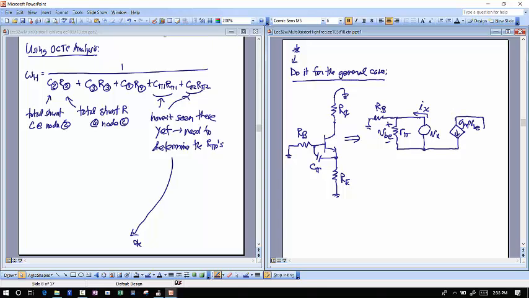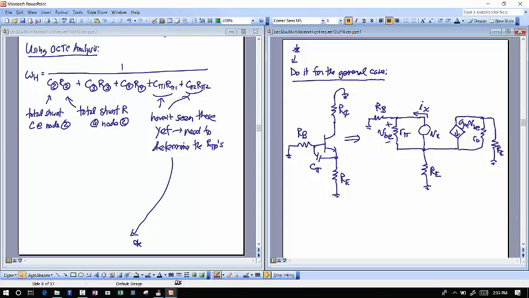I'm going to have an r naught, and then I'm going to have an RC going to ground. And finally here, I have my RE going to ground. Okay? So that's the circuit that I now have to analyze in order to determine what that driving point resistance is.